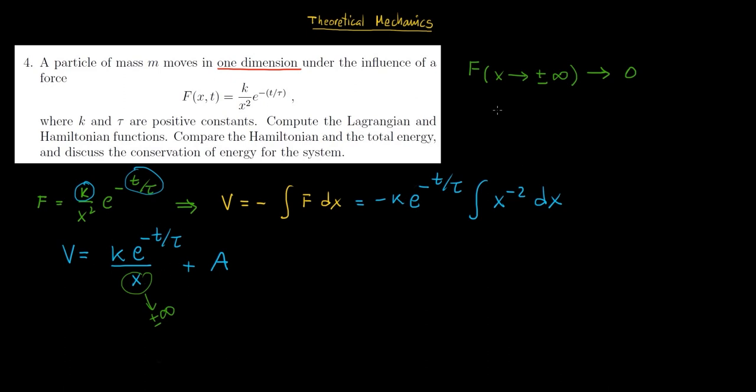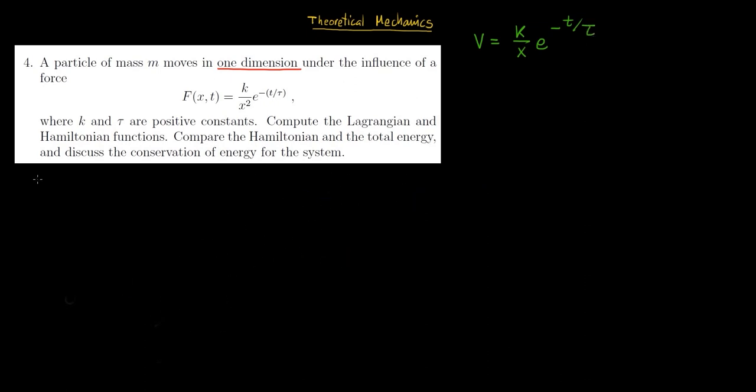If we want the potential energy to be 0 at infinity, suppose we are happy with this, then this condition implies that A must be 0. Okay, so we now have the potential energy that is k over x e to the minus t over tau.